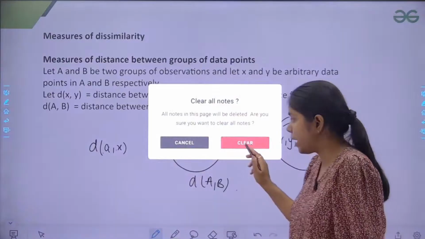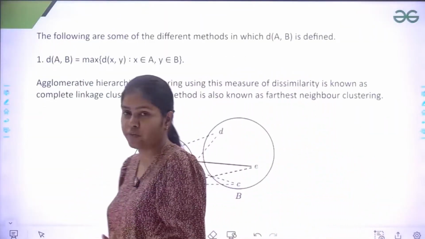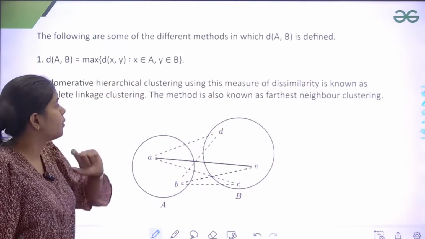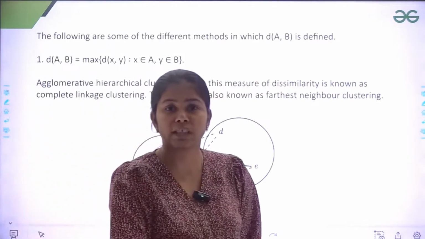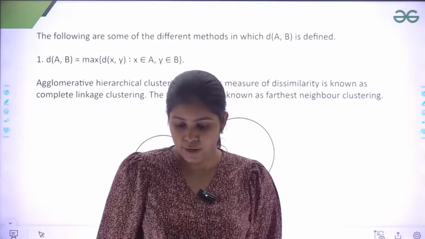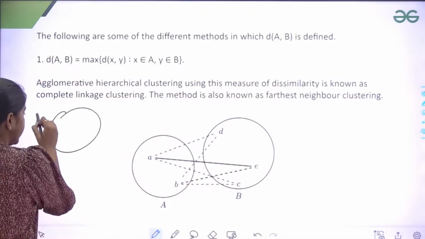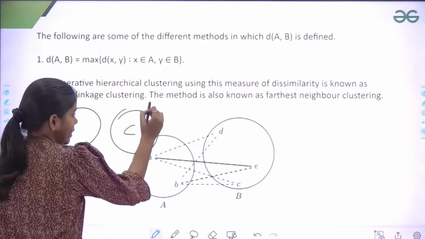So we have different types of distances defined. The first distance is dA comma B, and that is the maximum of dxy, where x belongs to A and y belongs to B. What does it mean? Let's suppose we have a b in this group and c in this group. I have two groups.